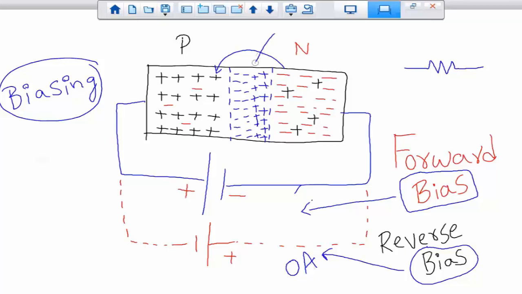But the key is, one p-n junction behaves as a conductor when you use it in forward bias, allowing the current. But when you reverse bias the same exact p-n junction, it's an insulator. You see that one device, if you use it one way, acts as a conductor. But the same exact device, if you change the polarity of the source, prevents the current flow.